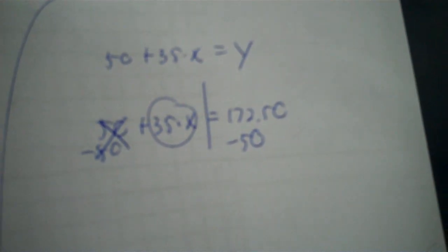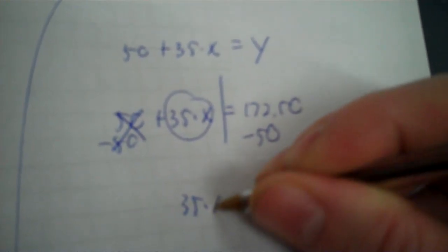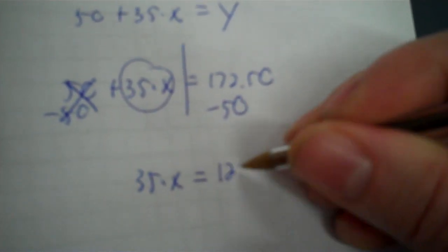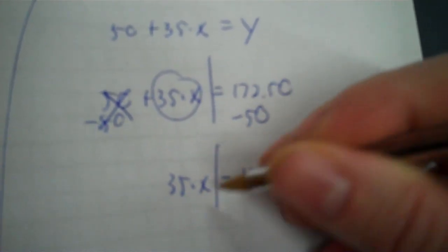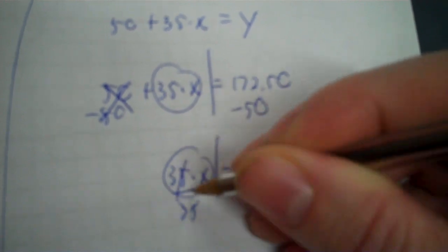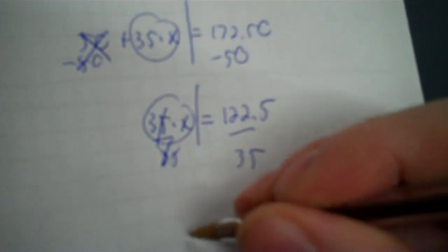That's going to be 122.5 when you subtract. Then you need to divide by 35, and that takes you right to the answer. 3.5, okay. So it's going to take 3.5 hours to get to a cost of $172.50. Okay, now the next one.